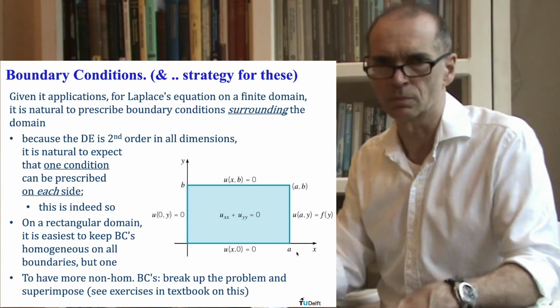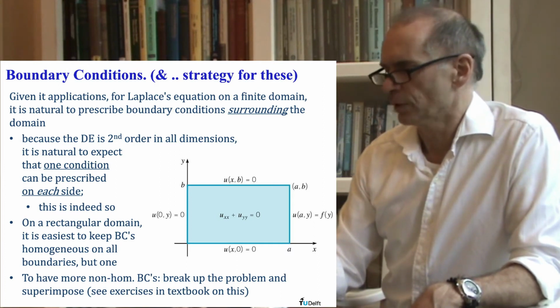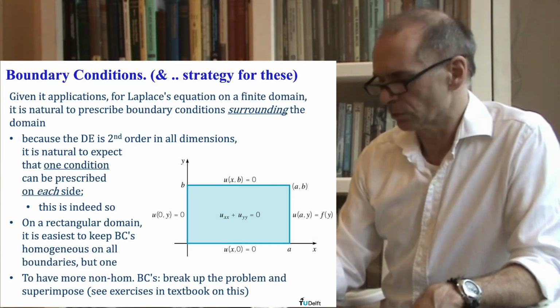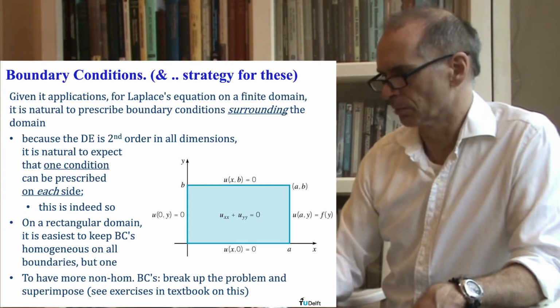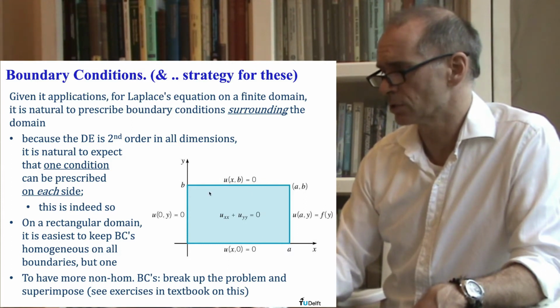The textbook provides some exercises and examples of that, but that would then be the general strategy. So this is the basic problem for Laplace's equation on a finite domain, 3 homogeneous conditions and 1 non-homogeneous condition.